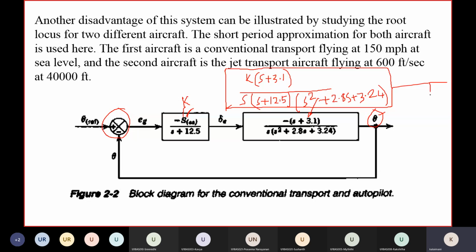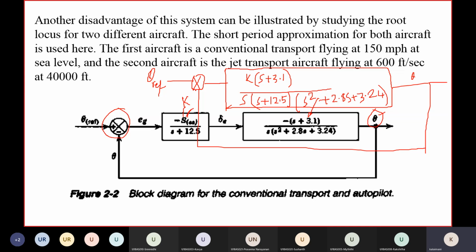Then your reference theta, and there is a negative feedback. This is theta, and this is theta reference. The current pitch angle is compared with the reference, because while holding straight and level flight, the pitch angle is your reference pitch angle. If there is any external cause, maybe the aircraft nose goes up, it will move to another theta.